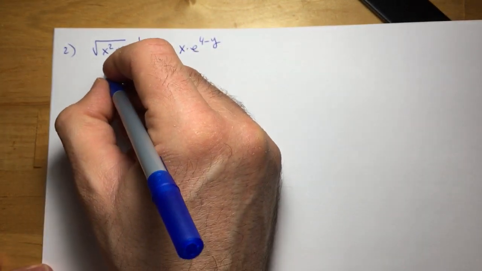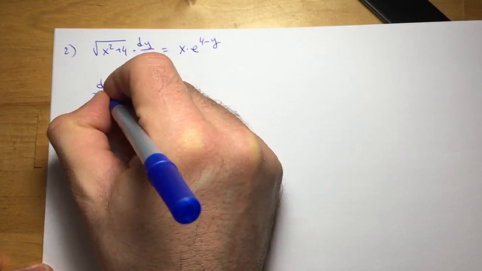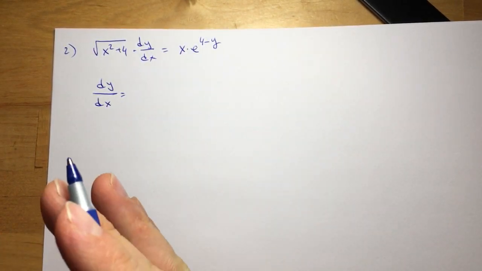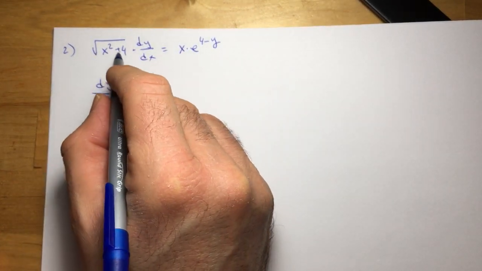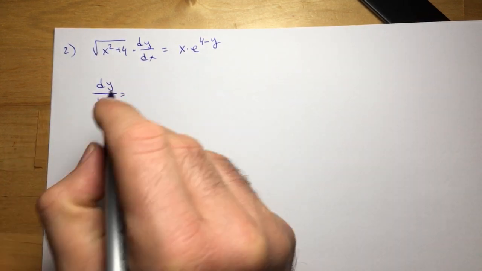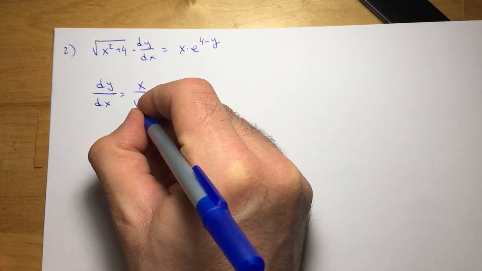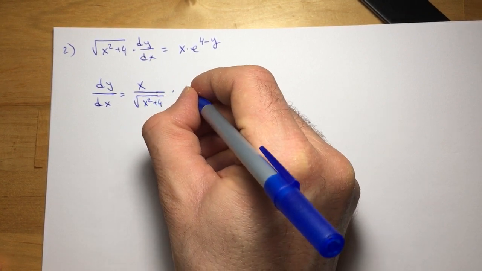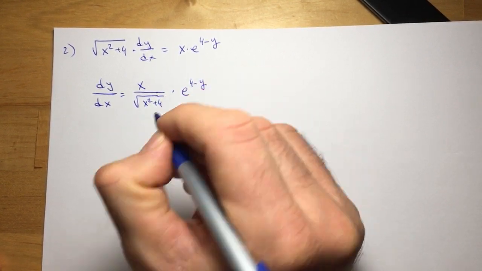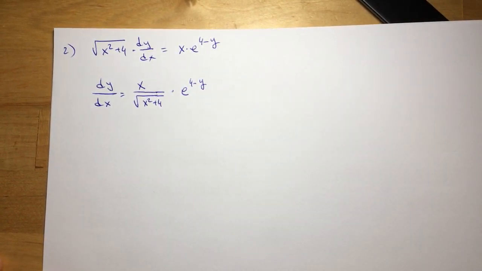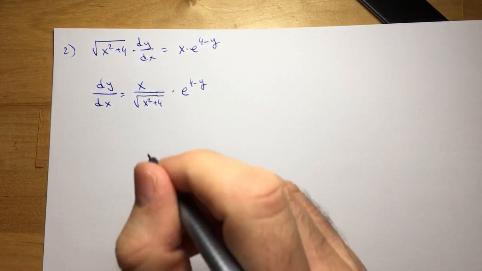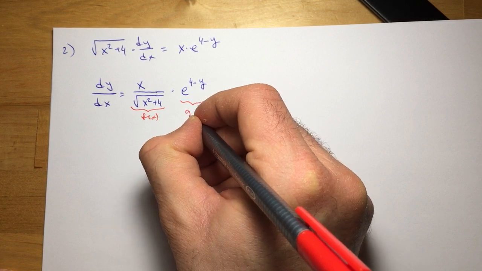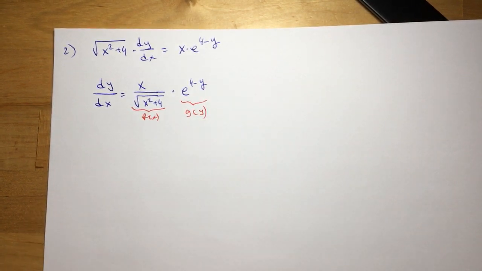So first of all, I want to get to that expression where dy over dx is equal to a product of a function in terms of x and a function in terms of y, which means I divide by this term right here. So x over square root of x squared plus 4 times e to the power 4 minus y. Okay, so this is f of x. This is g of y.